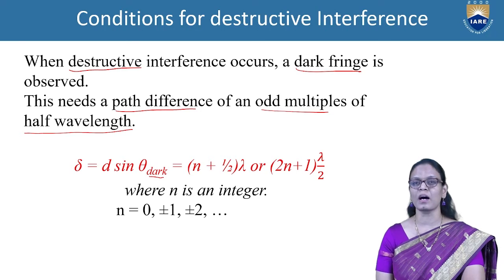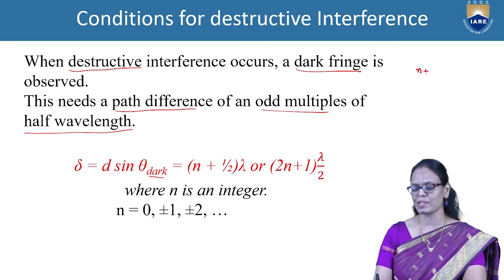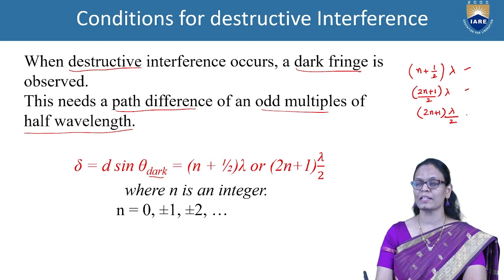So (n plus half) lambda, or the same thing, taking LCM, I can write it as (2n plus 1) by 2 into lambda, or (2n plus 1) into lambda by 2. All three mean the same.